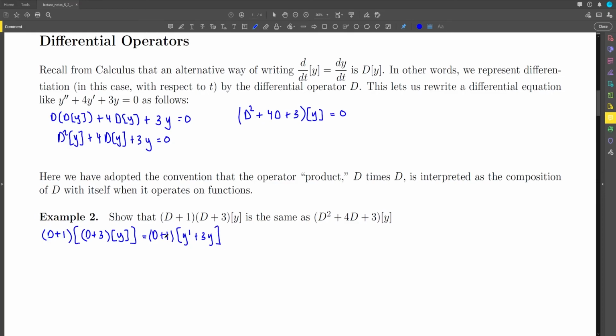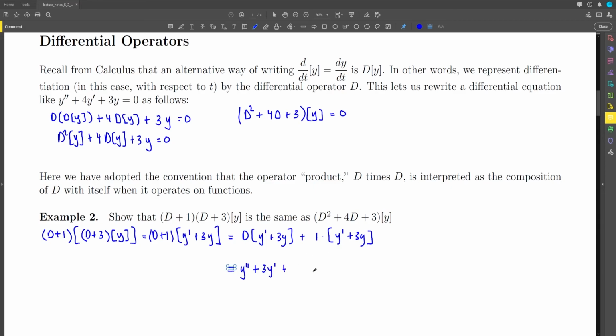Okay, and now D plus 1 acting on y prime plus 3y, that's the same as D acting on y prime plus 3y plus 1 times y prime plus 3y. And then D acting on y prime becomes y double prime. The derivative of 3y is plus 3y prime.